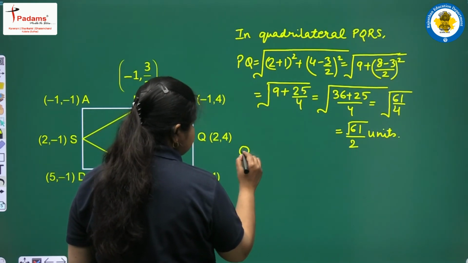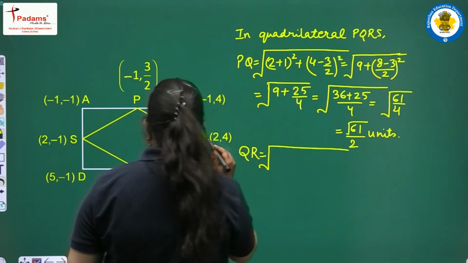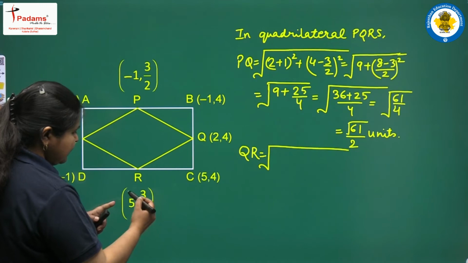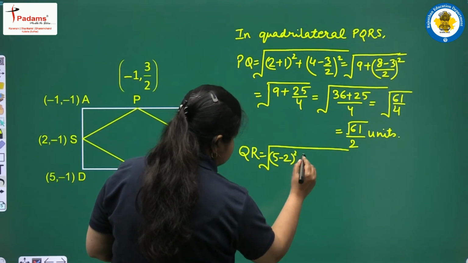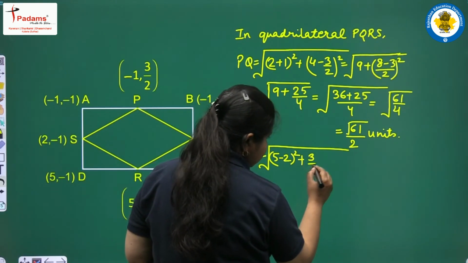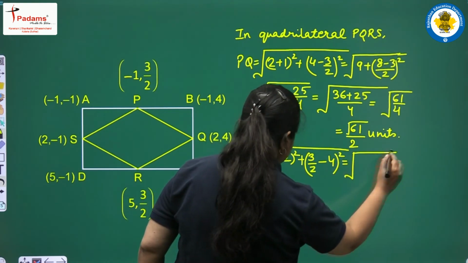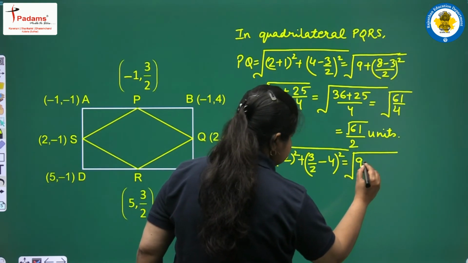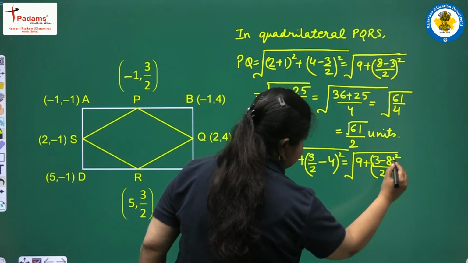Then we find QR. Square root QR, you can see the coordinates, 5 - 2 whole square plus 3/2 - 4 whole square. This will be equal to square root 5 - 2 is 3, 3 square is 9. Here we will have 3 - 8 upon 2 whole square.